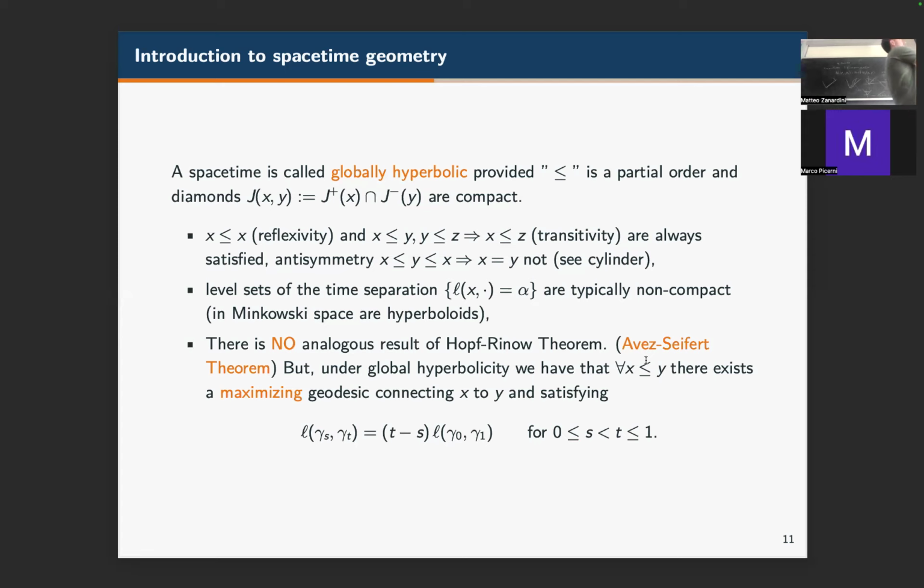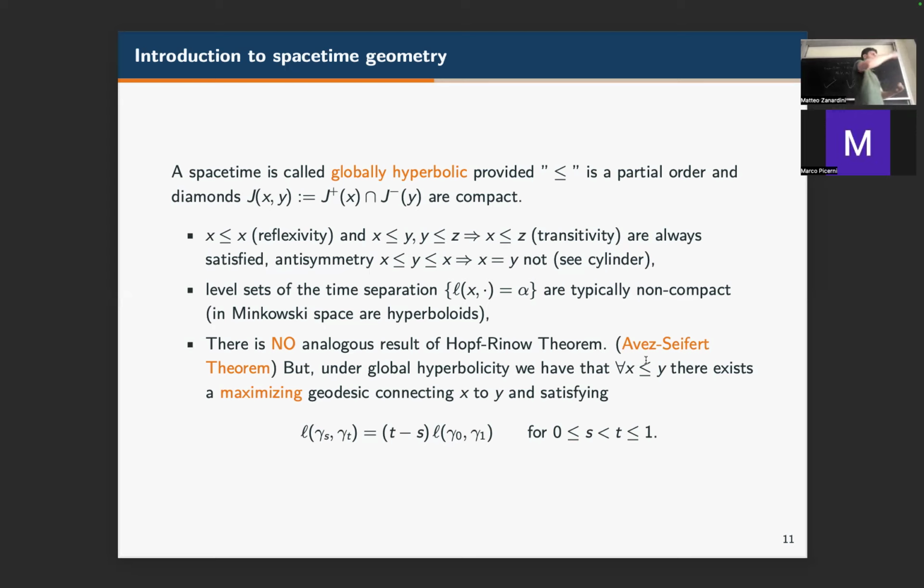So you have reflexivity, that is to say, every point is in the causal path of itself. You ask for transitivity, which is always true because of the reverse triangle inequality. And you ask for antisymmetry, that is to say, there are no causal loops. If you can connect x to y and you can connect y to x, necessarily x was equal to y.